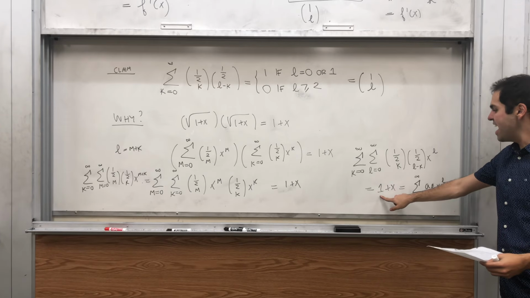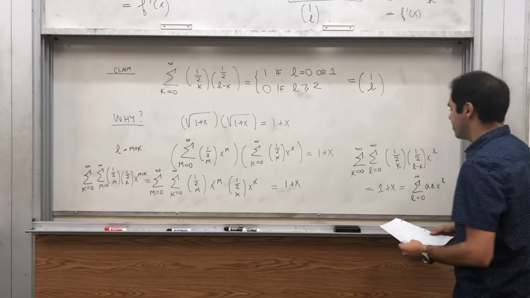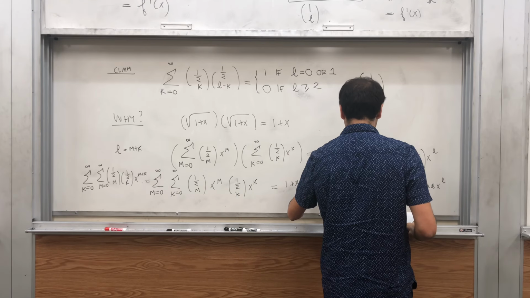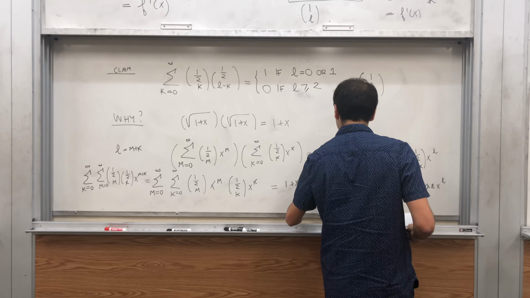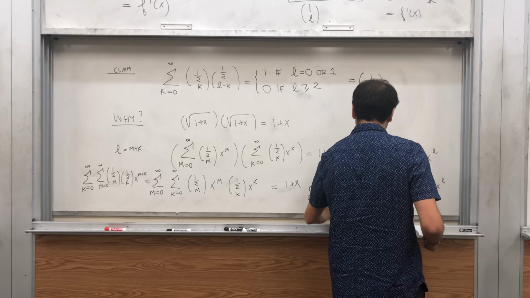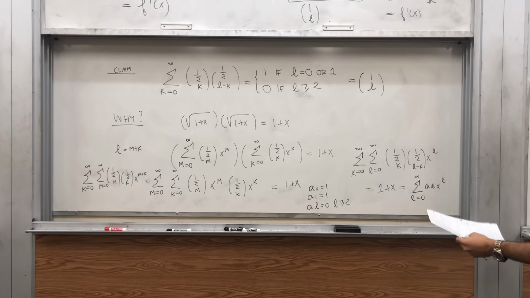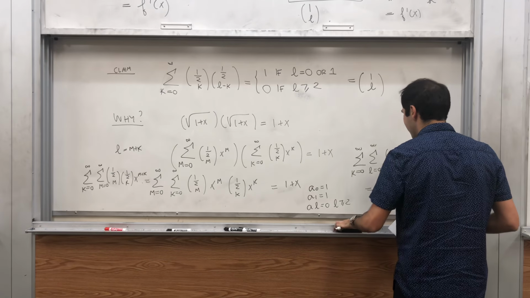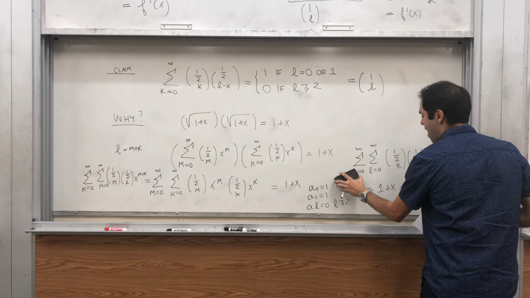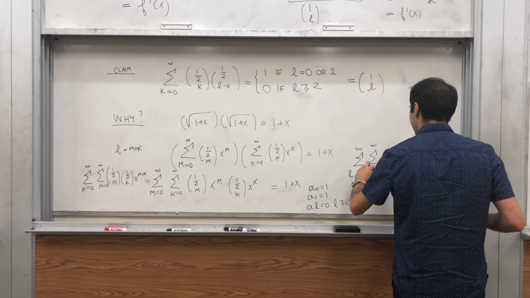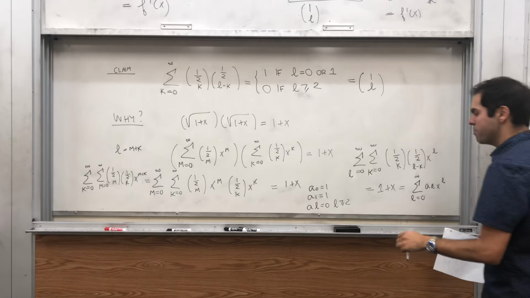It's precisely a0 is 1, a1 is 1, and a_L is 0 for L greater or equal to 2. And then all you have to do is switch that sum again. So this becomes the sum from L from 0 to infinity, sum from k from 0 to infinity. And then literally just compare the two.